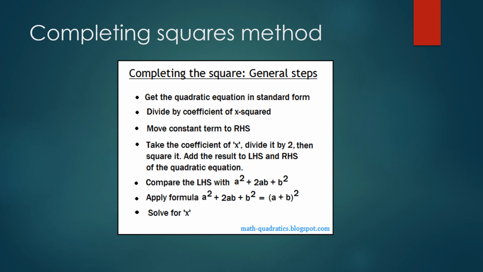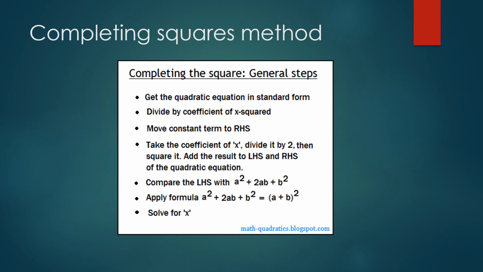So first we divide the linear coefficient by 2, then we square the answer obtained. Add the result obtained to the left hand side and right hand side of the quadratic equation.